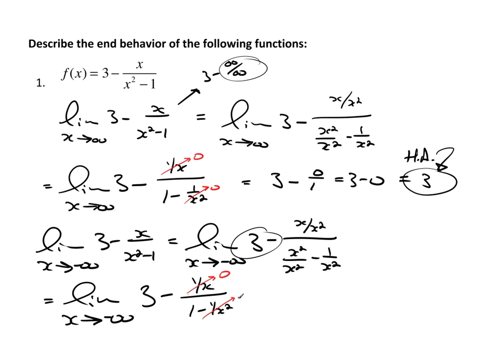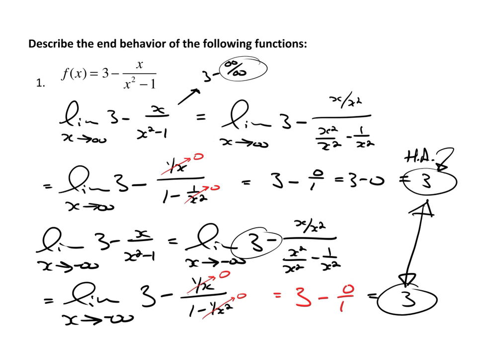This piece will also go to 0. So I end up with simply 3 minus 0 over 1, which is simply equal to 3. So the horizontal asymptotes for positive infinity and negative infinity are in fact the same thing. So asymptotically, this function goes to 3.